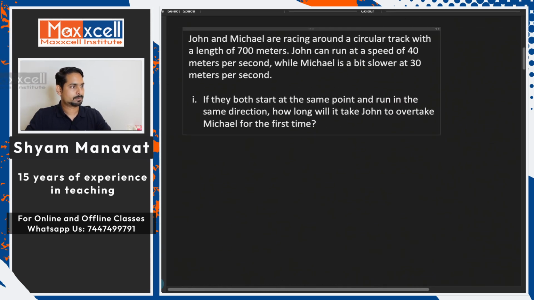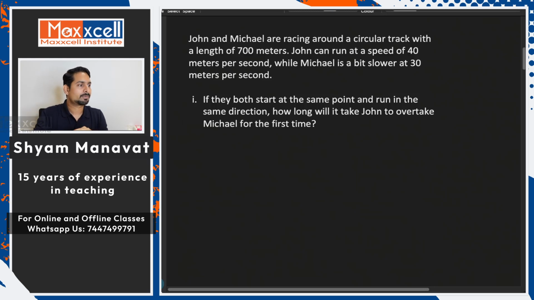Right? Fine. So let's see the type of question which we encounter here, circular track. We have a question which says John and Michelle are racing around a circular track with a length of 700 meters. So the circumference of this circular track is 700 meters.